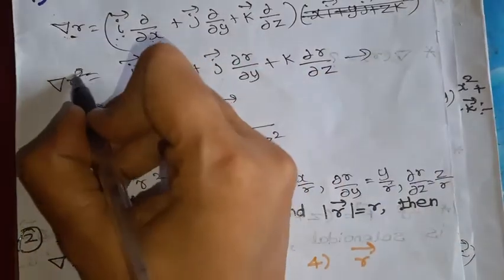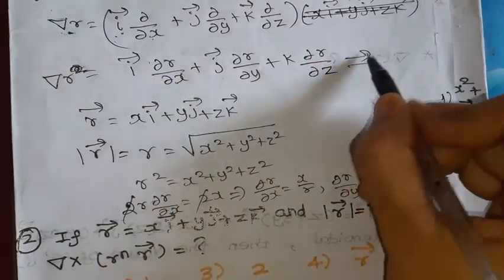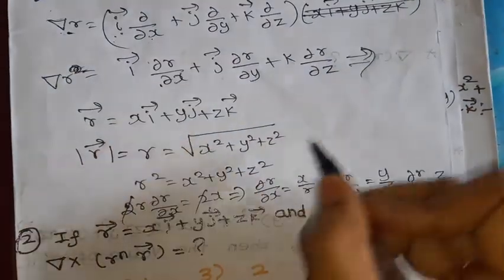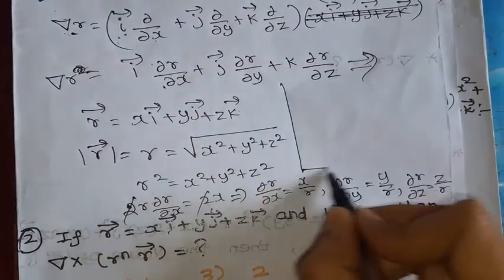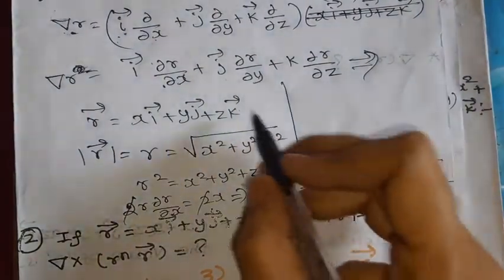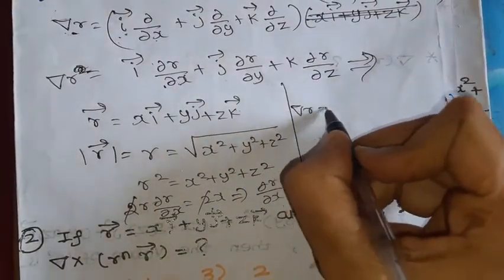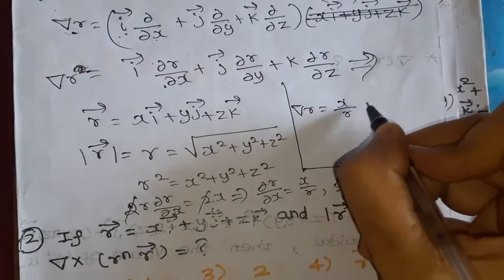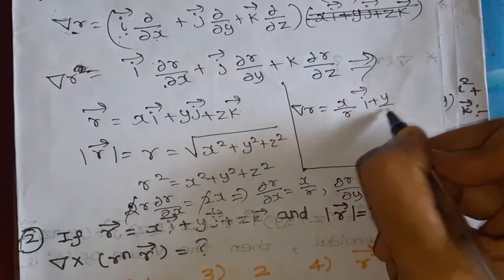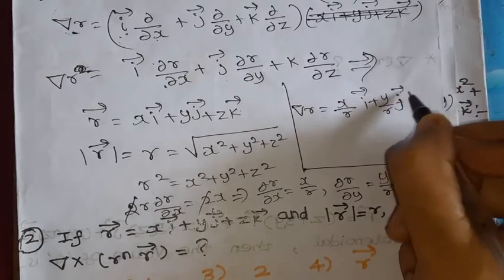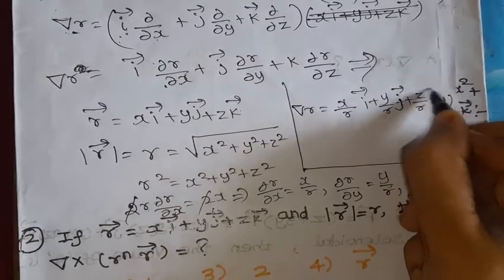Del r: here dou r by dou x is x by r, right? So del r equals x by r into i vector plus y by r into j vector plus z by r into k vector.